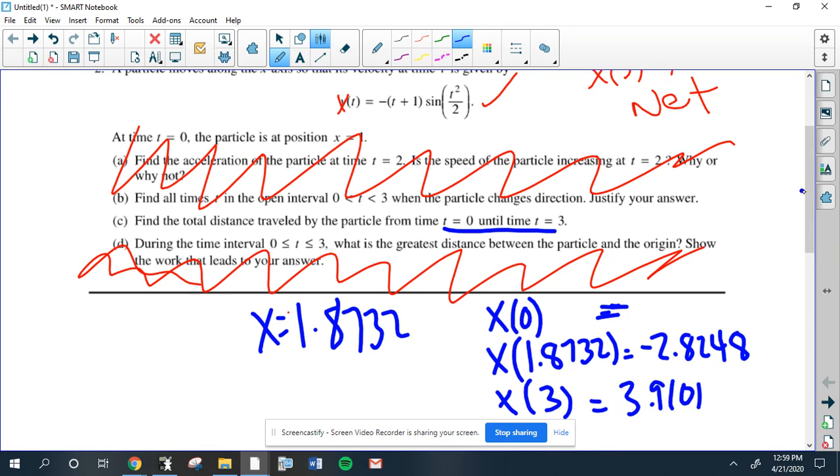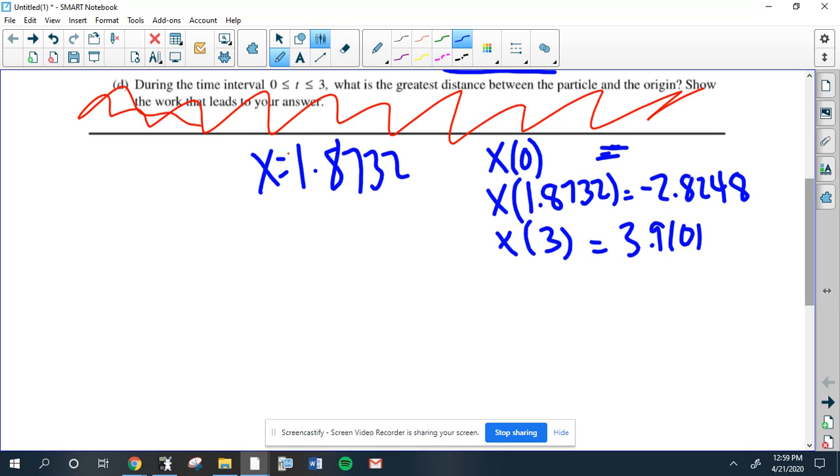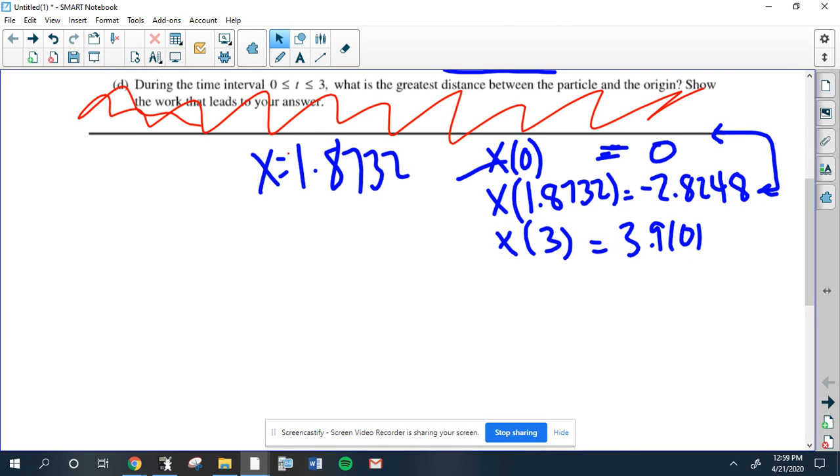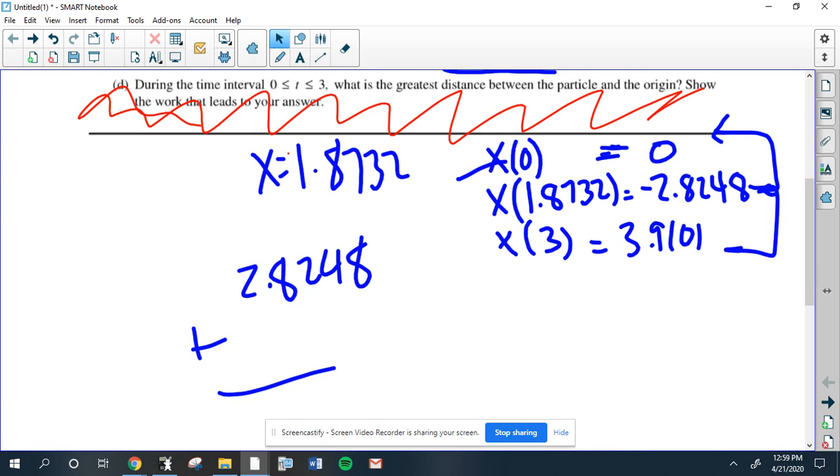So to get the total distance, you add up all the distances in each leg here. From here to here, your total distance was exactly 2.8248. Plus, add the distance from here to here.